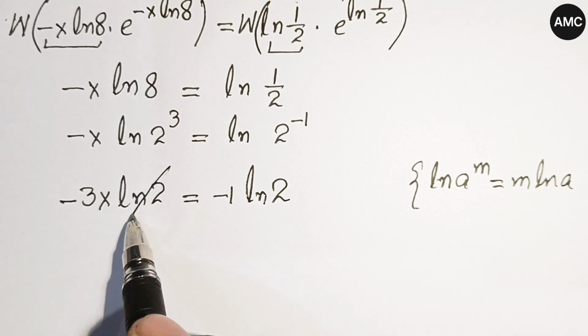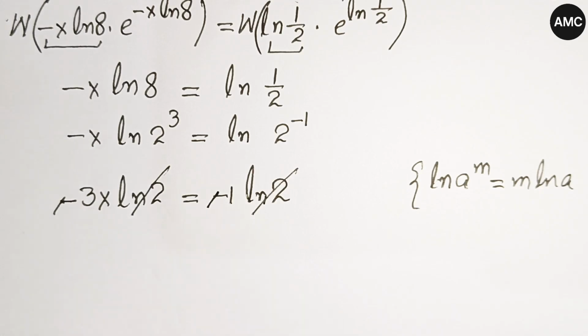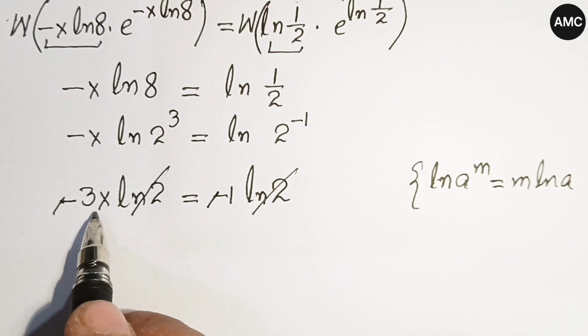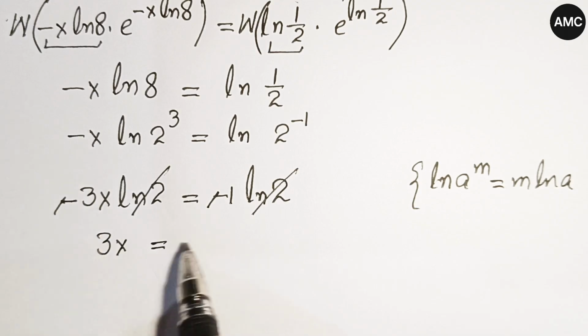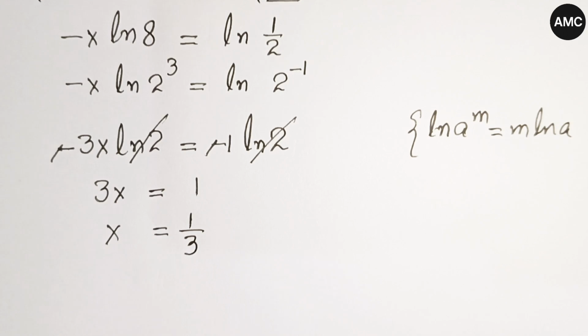So this natural log of 2 is cancelled on both sides, and this negative sign is also cancelled on both sides. So we get 3 times x is equal to 1, so x is equal to 1 over 3. It is the value of x.